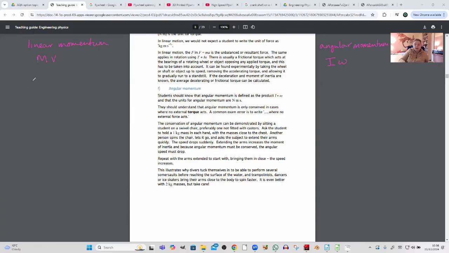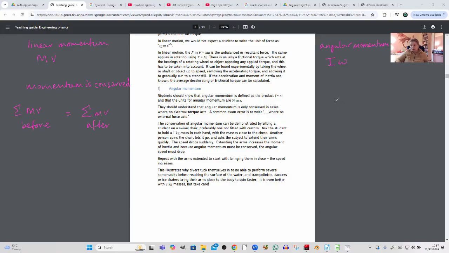And remember, for linear momentum, momentum is conserved. And so the sum of mv before is equal to the sum of mv after the collision or whatever it is that's happening.